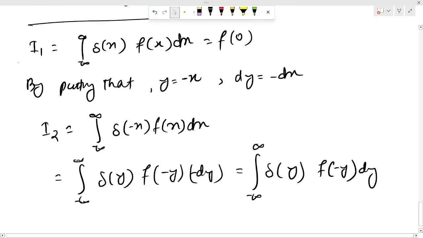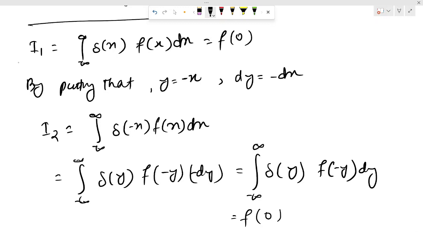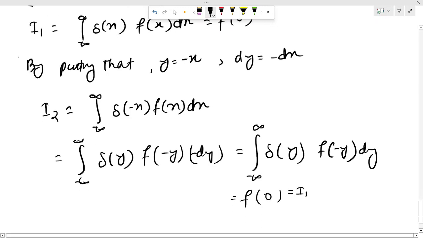From here you can see that we got the general form of I1. That is, δ(y) f(-y) dy is equal to how much? I can write it as f(0), isn't it? So this one is your I1.